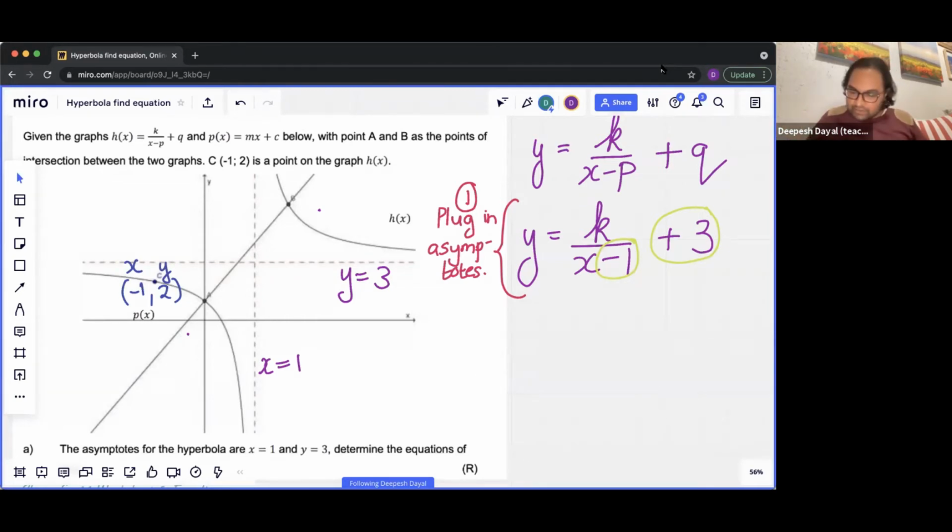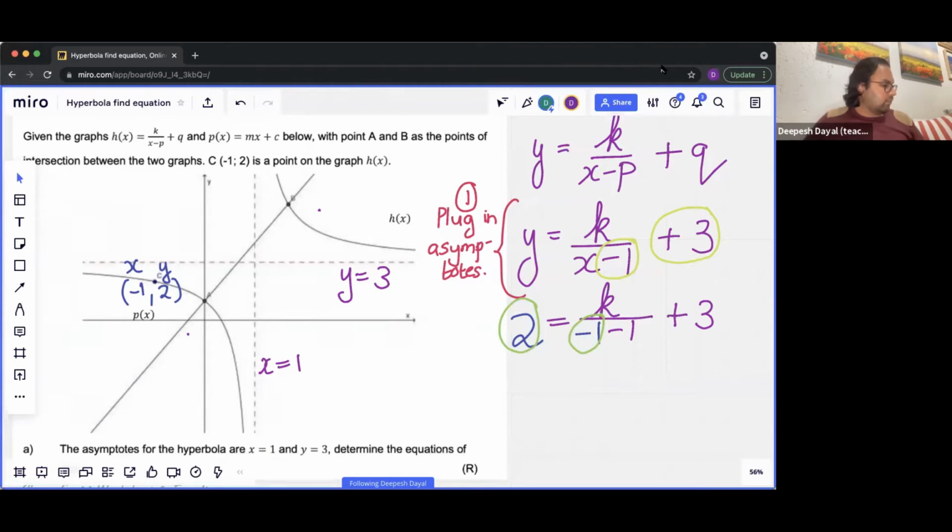So y, which is 2, equals k over, in the place of x, minus 1, plus 3. So in the first step, I plugged in minus 1 and 3. And in this step, I'm now plugging in 2 and minus 1.